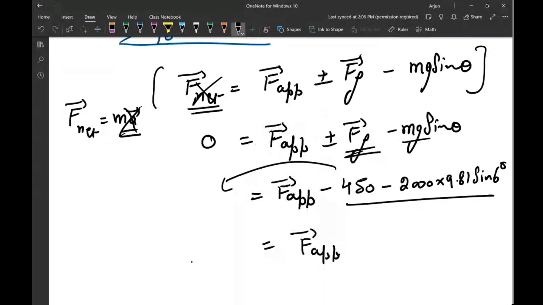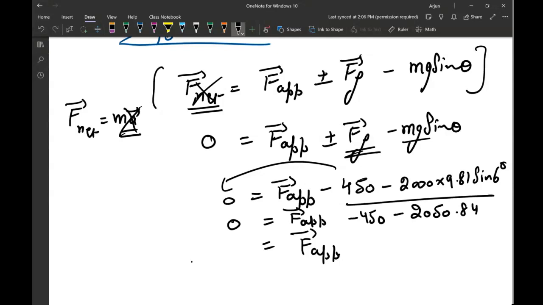let me do the calculation on my side. So that will be 2000 multiplied by 9.81 times sine of 6 degrees. This value is 2050.84 and this is 450. This is force applied and this is 0.